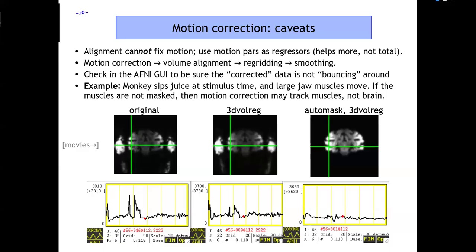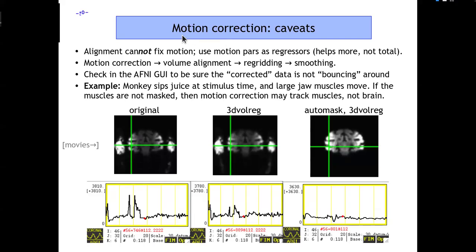I want to talk about some caveats of motion. We use the term motion correction. That inherently implies that we are actually correcting motion, and that is a dangerous thing to say. Motion adjustment or motion amelioration would hopefully be better terms, but anyways, we use the fully loaded one that we probably shouldn't.